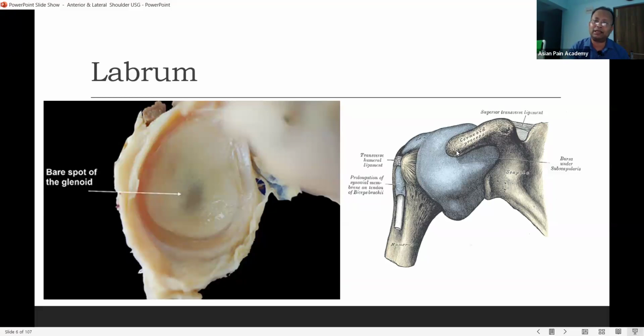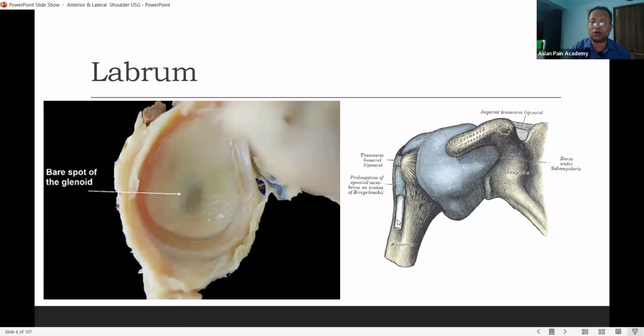You can see in this picture that the capsule not only surrounds the glenohumeral joint, but it has some extensions. These extensions we can call recesses. Later we will show where the recesses are, but you can see one extension of the capsule is around the long head of the biceps tendon.